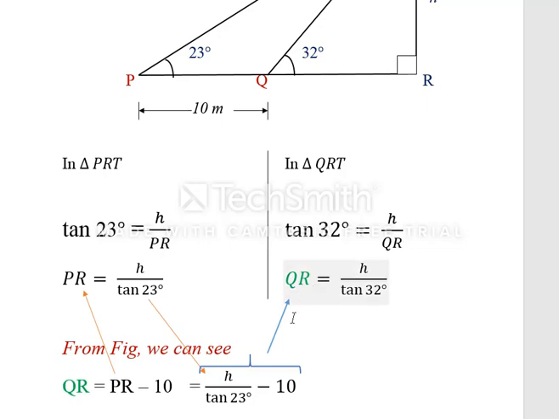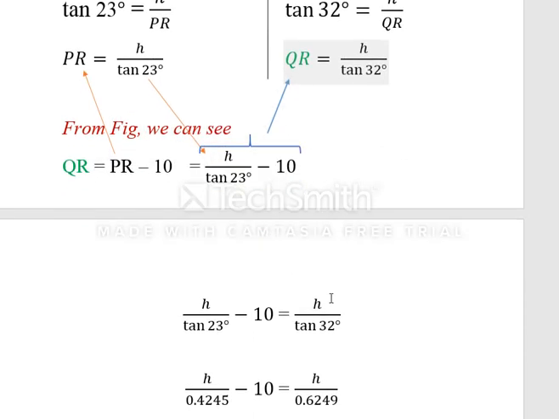So we will plug in this QR into this equation. In this QR we plug in this value, and it is equal to this one. So we got this equation.